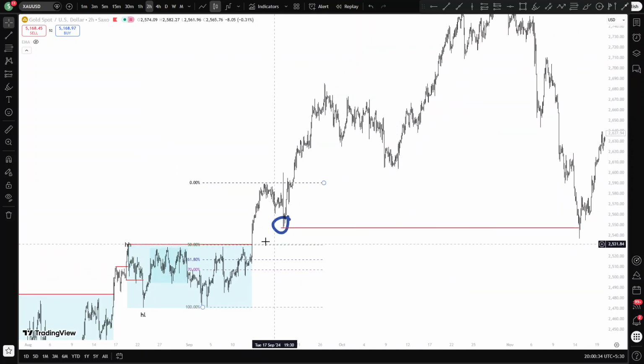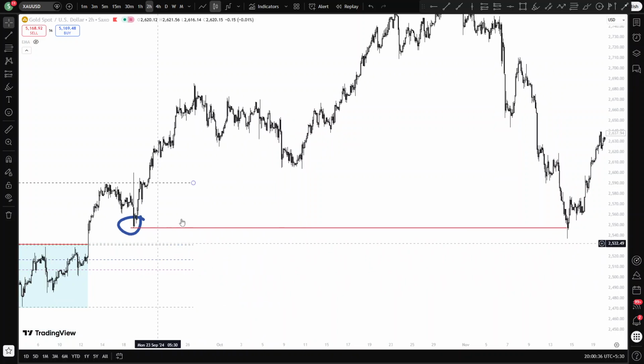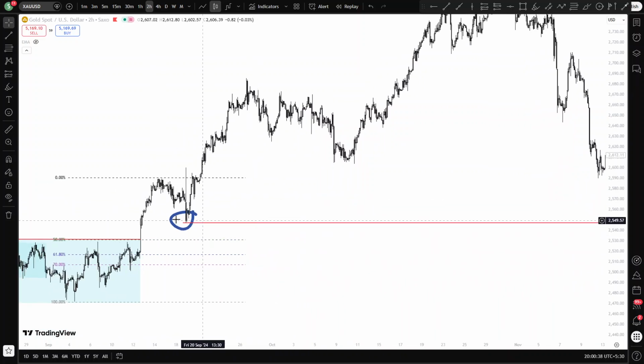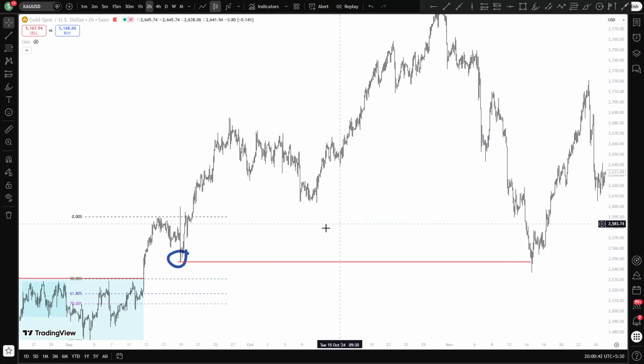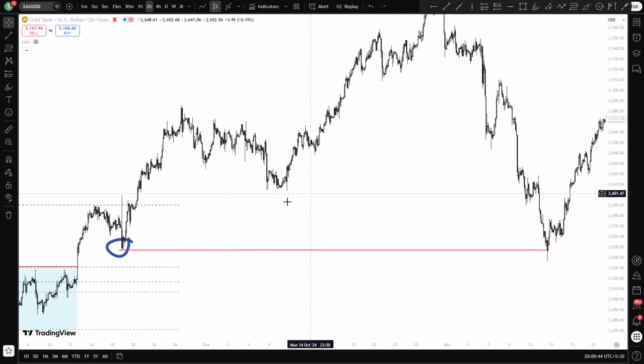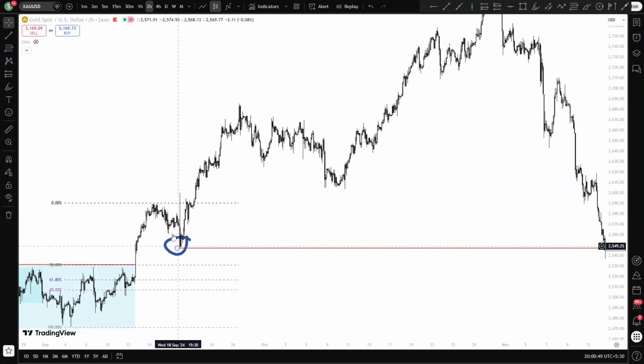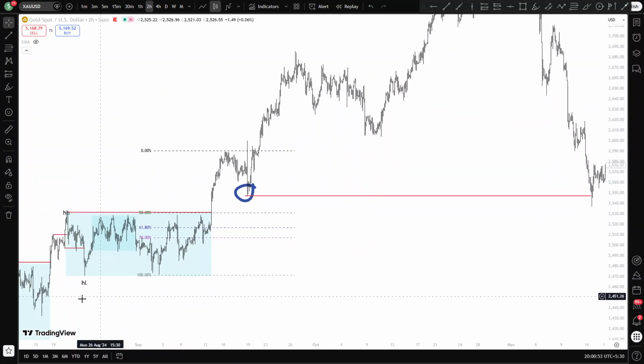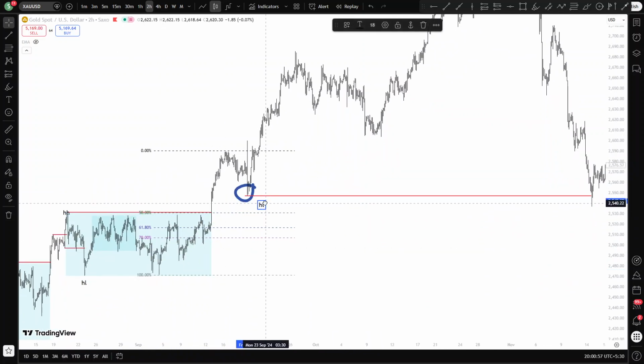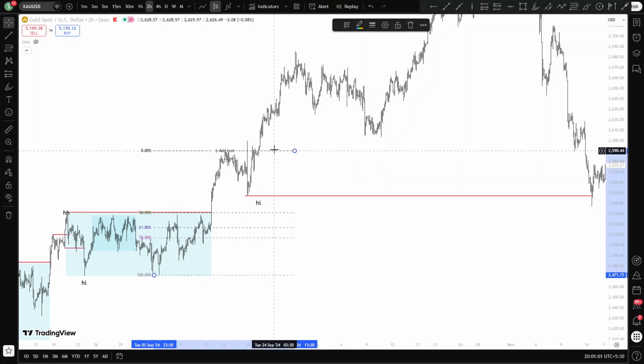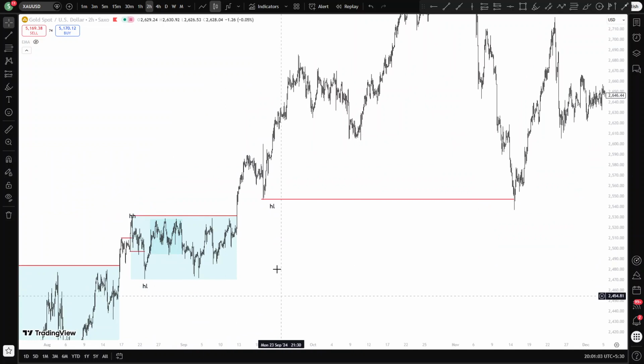If it does not come back to the 50%, it means the market is inducing people to keep on buying, so that once it gives us a pullback, this place can be taken down. So we understand that this is now liquidity. So even if we mark it as our higher low, at the back of our heads, we should know that this is liquidity. The market is likely to come to this point.